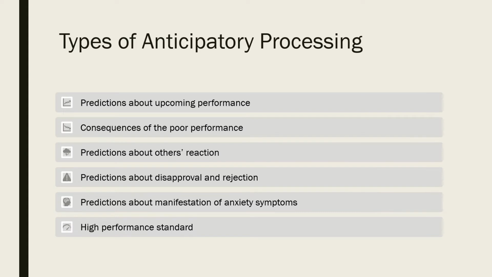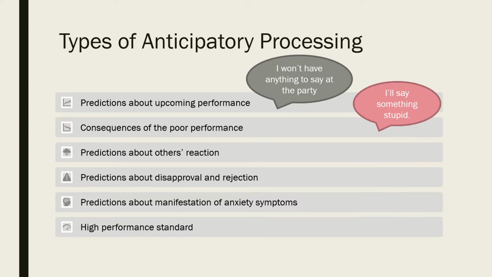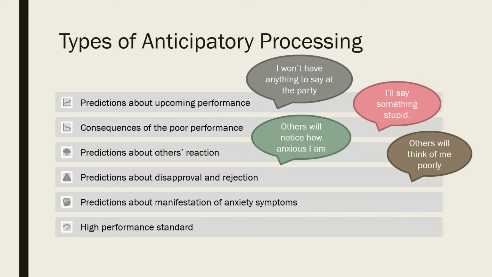Predictions about upcoming performance, such as I won't have anything to say at the party, and consequences of the poor performance, for example, thinking I'll say something stupid, and also predictions about others' reactions: others will notice how anxious I am. Also predictions about others' disapproval and rejection: others will think of me poorly.